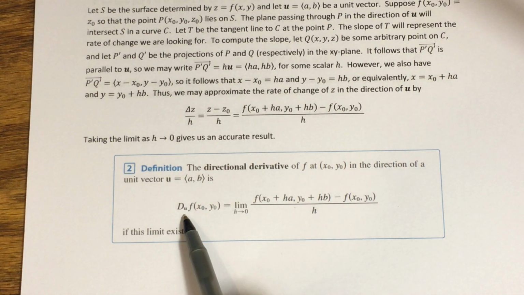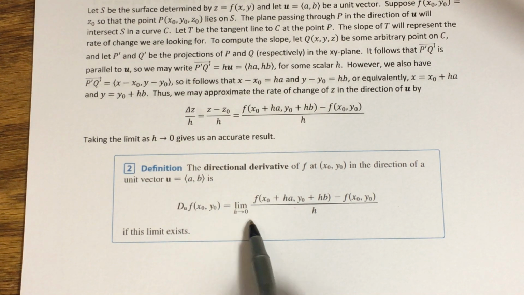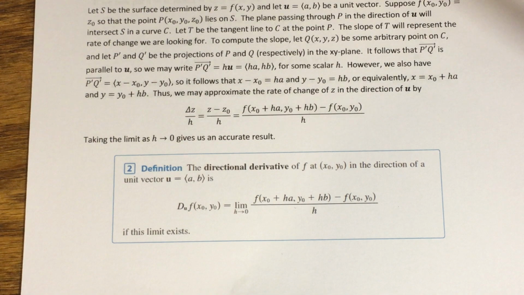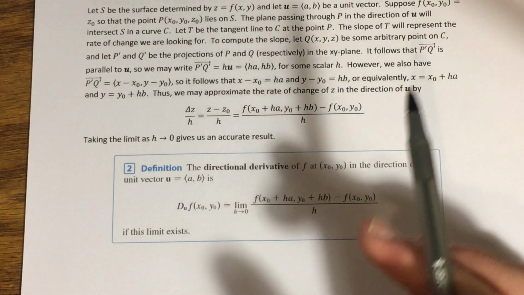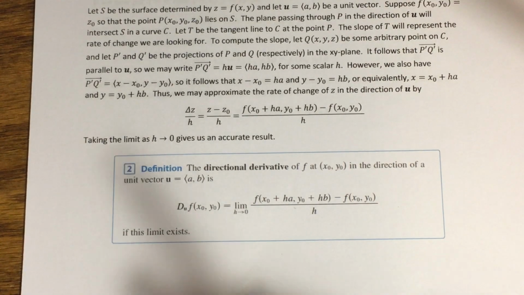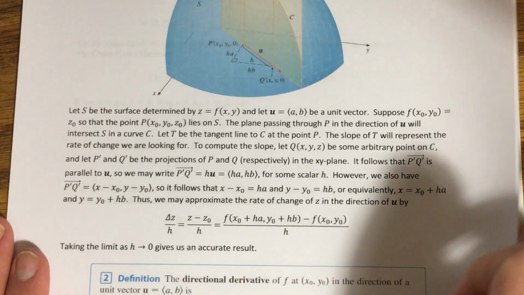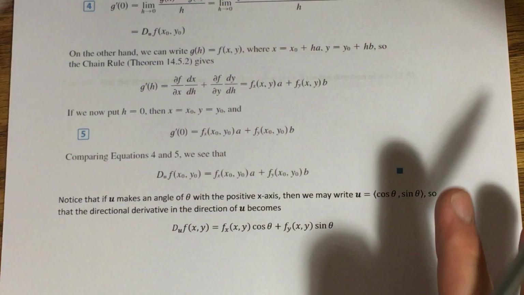Directional derivatives are sort of the one exception to that rule, because now it's convenient to be able to write which unit vector we're using as a subscript down here. So capital D with a subscript of u, that unit vector that we're using as a direction, of f of x naught, y naught is equal to the limit of that difference quotient that we just discussed, assuming that limit exists. Okay, so that's going to give us the rate of change in the direction of u for this function f at the point x naught, y naught.